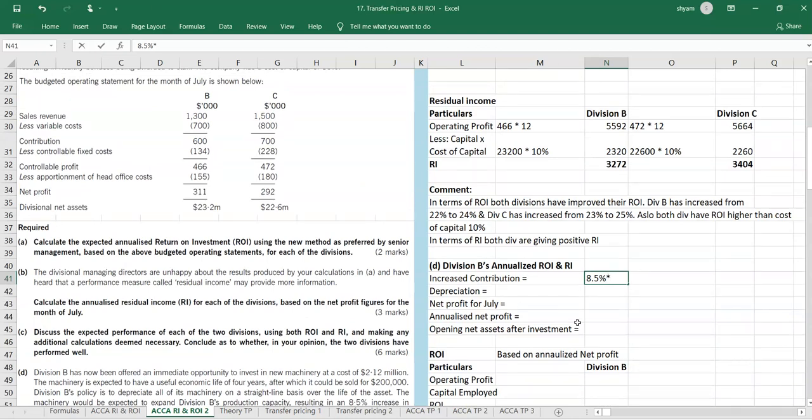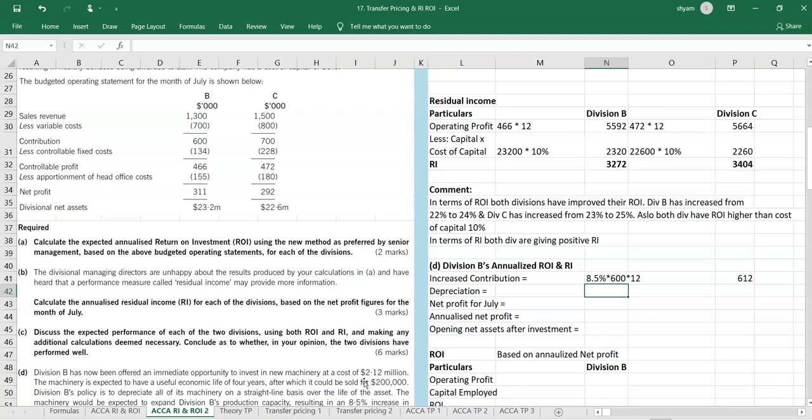So 8.5 into 600, and then we have to find out the depreciation. So I think we'll first find this out and put the number. That's 51, and 51 is for 1 month. So we have to take it for all the months. So for all the months, the increased contribution would be 612.